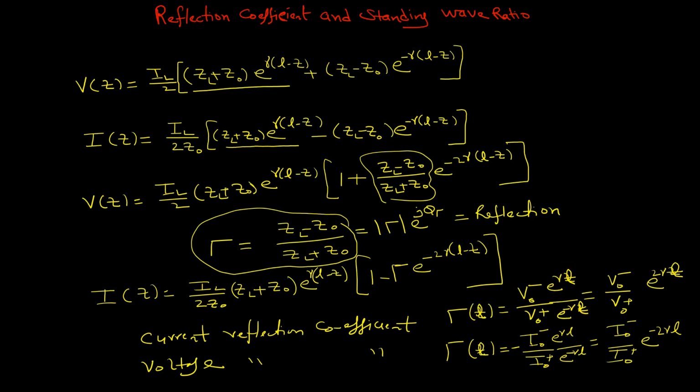Now let us talk about the standing wave ratio, also called SWR. The ratio of the maximum to minimum voltage along a finite terminated line is called the standing wave ratio.